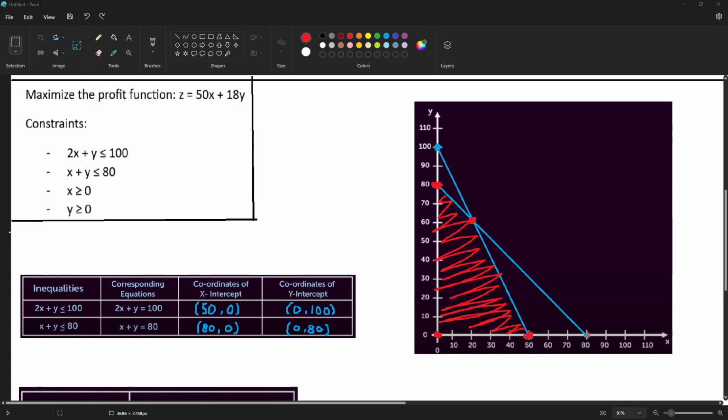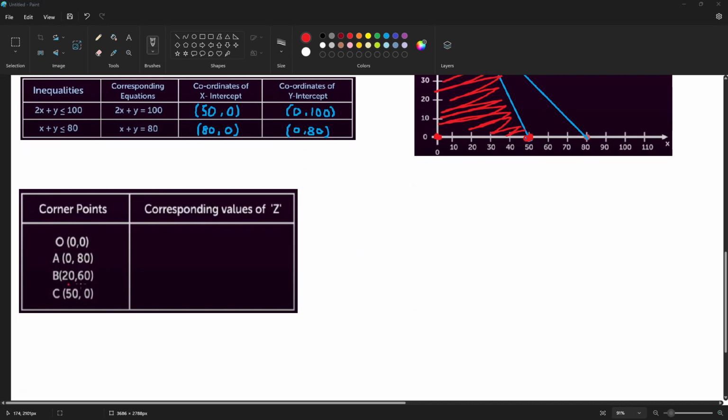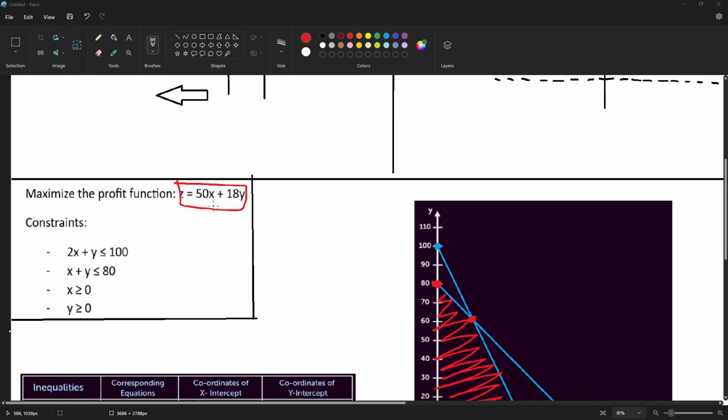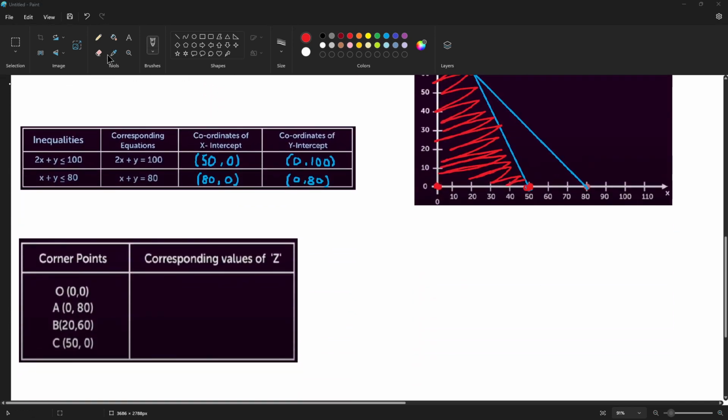After determining the feasible region, we are now to plug in the coordinates of the 4 points into this equation. So in this case, if you plug in these 4 corner points into this equation, it will become like this.